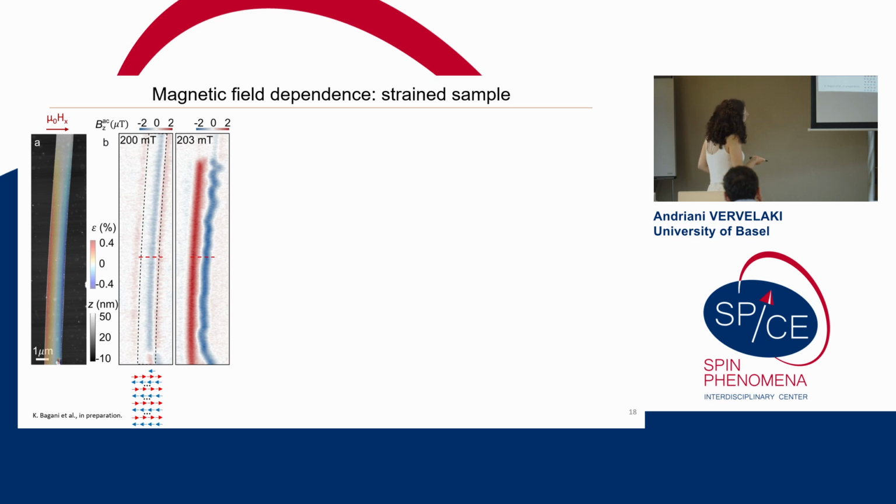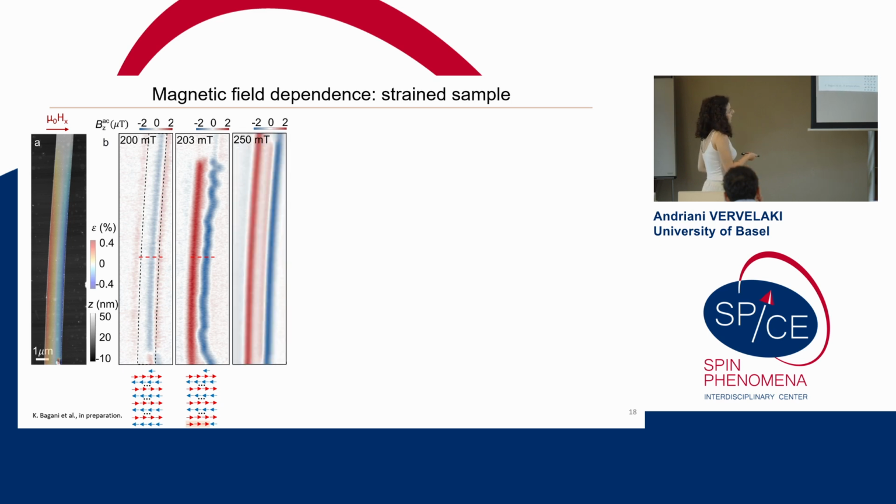So what is actually happening is that we have a layer that has flipped, and we think that it's also the surface layer, based on the same reason that Yao explained yesterday: since the bottom layer is only coupled by exchange interactions to the top layer, you have a smaller switching field compared to the inner layers. But also this transition is not fully happening, and we still have some part of the flake that has not flipped yet.